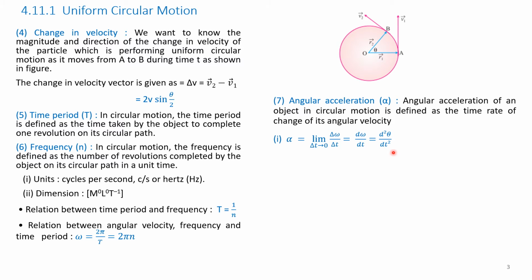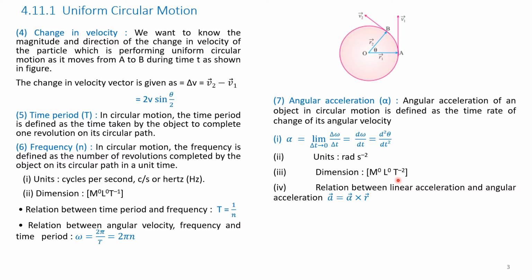This is in differential form. So the unit of angular acceleration alpha is radians per second square, and its dimension is M to the power of 0, L to the power of 0, T to the power of minus 2.